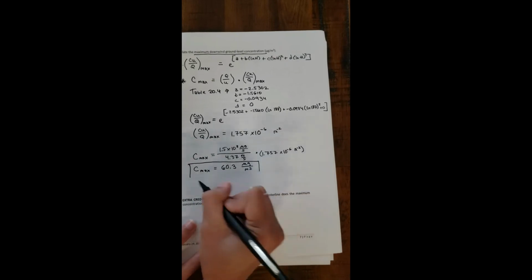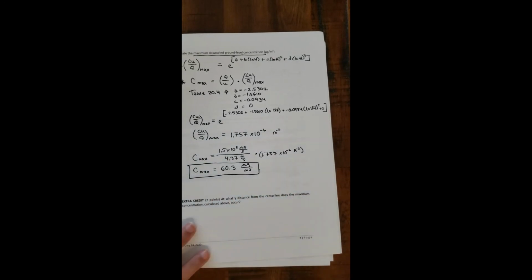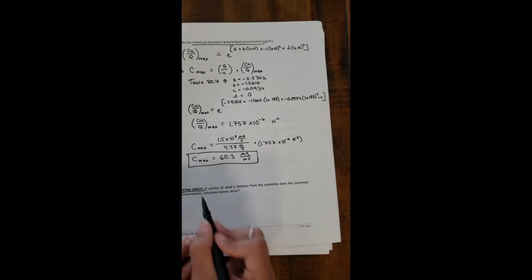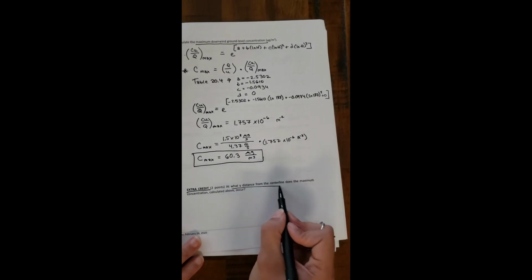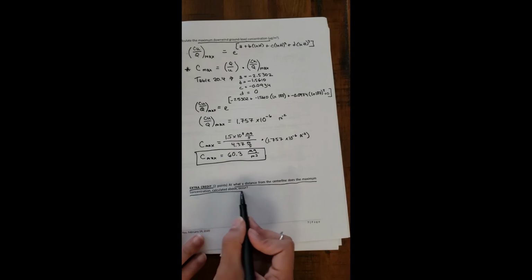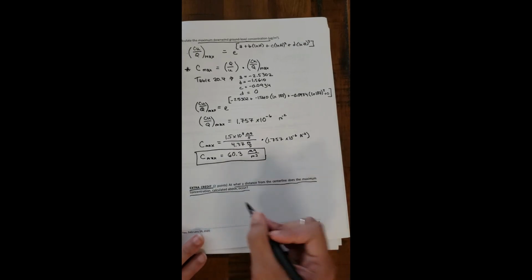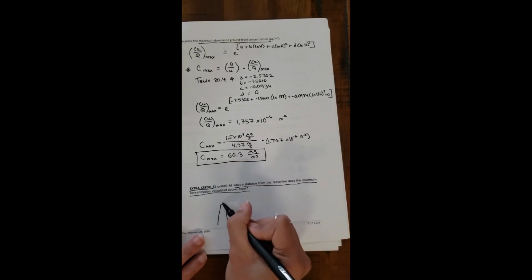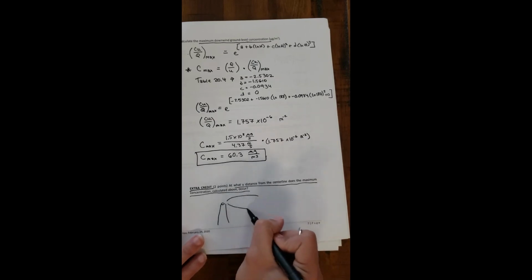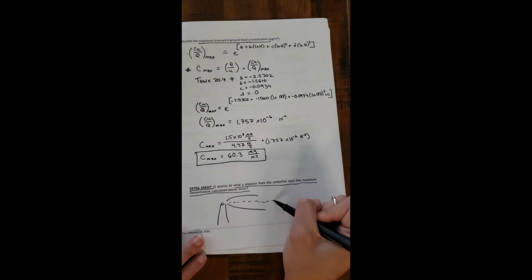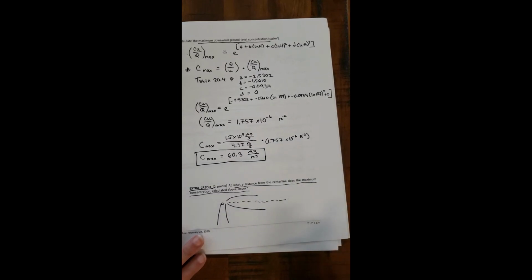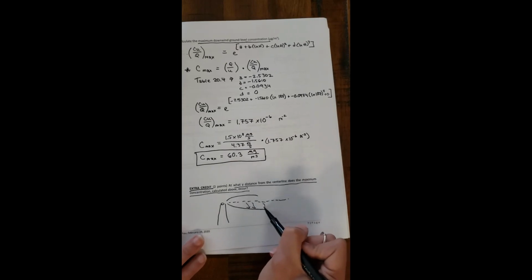Now, I kind of gave you a little bit of a freebie with this extra credit. I asked you at what y distance from the center line does the maximum concentration calculated above occur. Well, if we recall what it looks like when we have a plume release like this, right along that center line, you're going to have that maximum concentration because it's going to disperse outwards from that maximum.